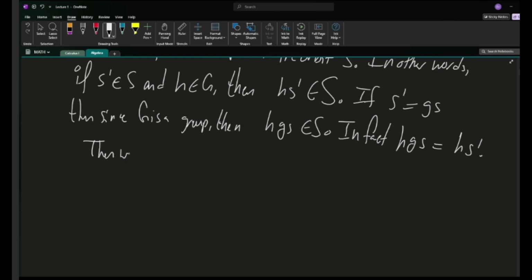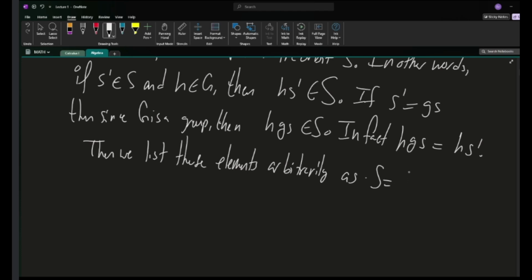Then we list these elements arbitrarily as S equals S1 all the way to Sn.